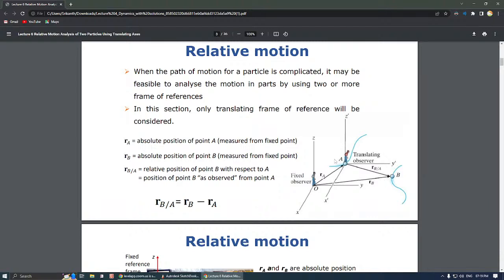But when the person A is observing B, then it becomes position of B with respect to A. Okay, and this is how it is written. A is observing B, so it will be RB/A. If B is observing A, then it will be RA/B.